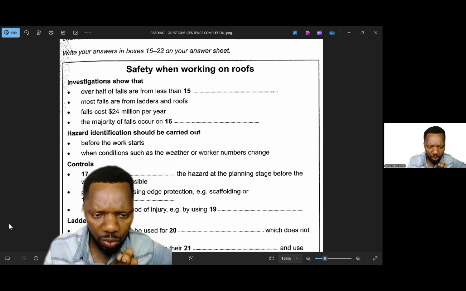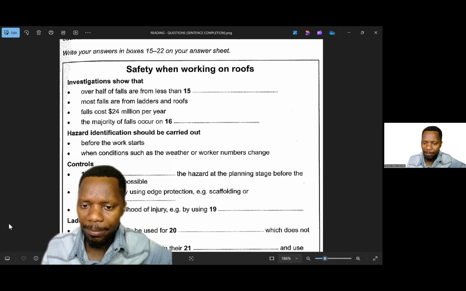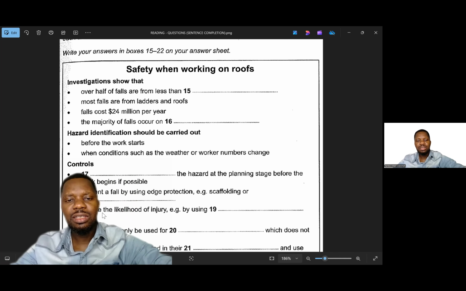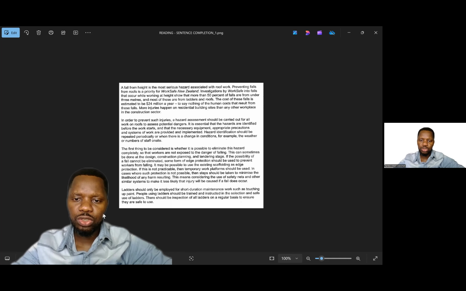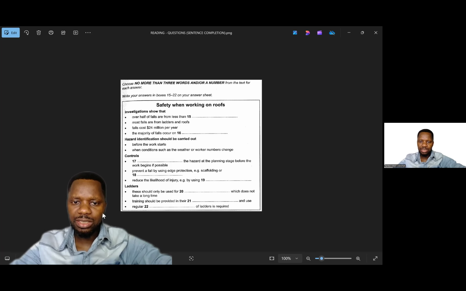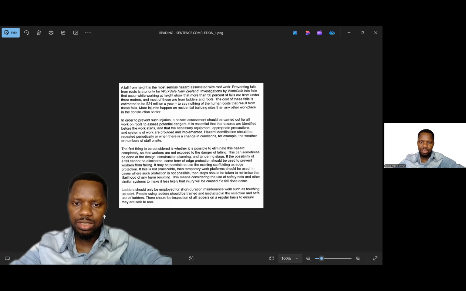Then the third answer under controls says, reduce the likelihood of injury, for instance, by using dash. All right, so we have taken note of what we should look out for. So let's go to the passage.